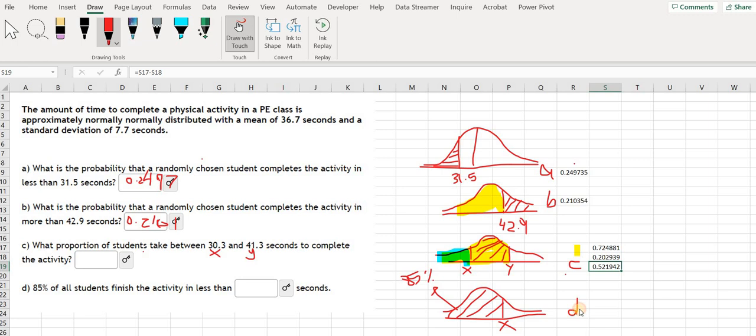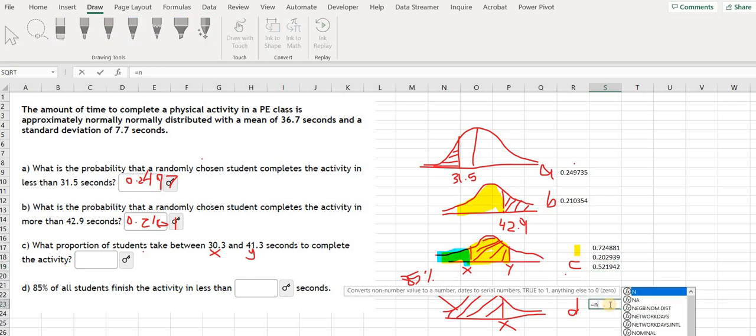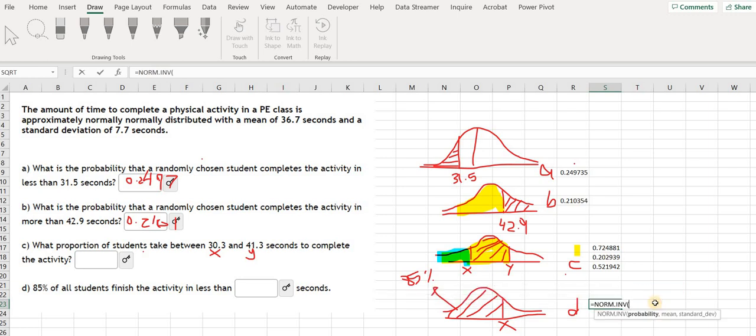This is part D. The inverse function requires the area to the left, and that is exactly what we have. So we say norm dot inverse of 0.85, typed as a decimal, comma, the mean 36.7, comma, the standard deviation 7.7. There isn't a cumulative option, because this function undoes what the other function does.